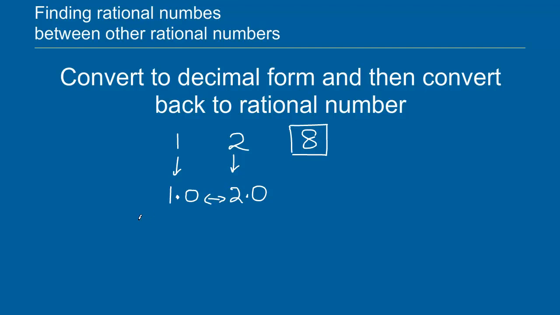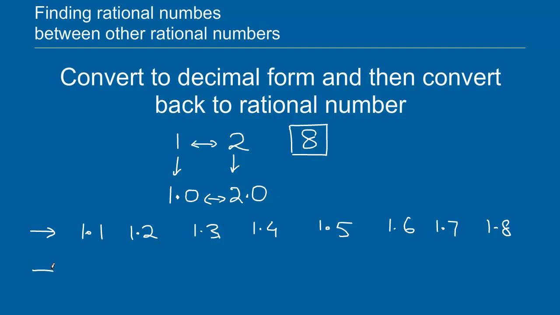Because now we know that the rational numbers, let's write it here, 1.1, 1.2, 1.3, 1.4, 1.5, 1.6, 1.7 and 1.8. All these numbers, they lie between 1.0 and 2.0 and hence between these two numbers.